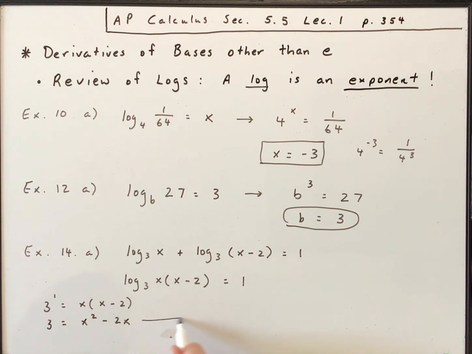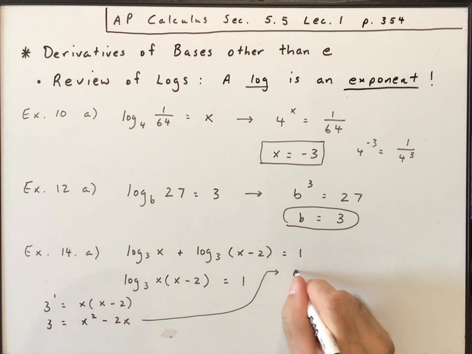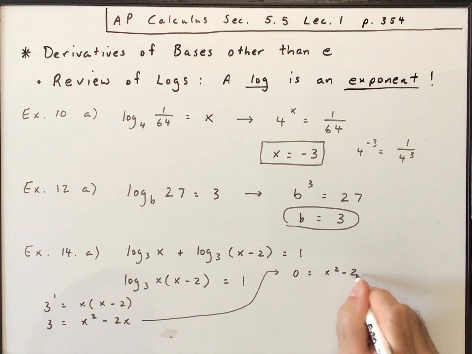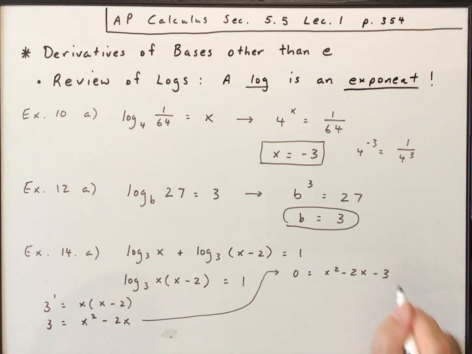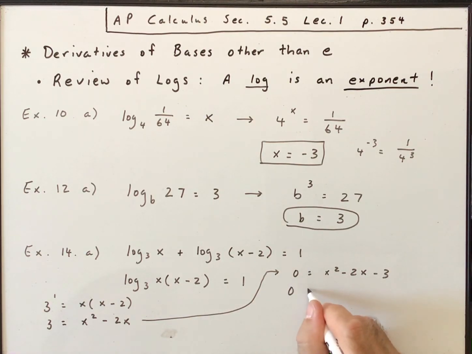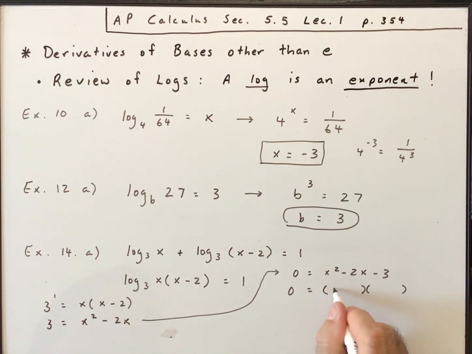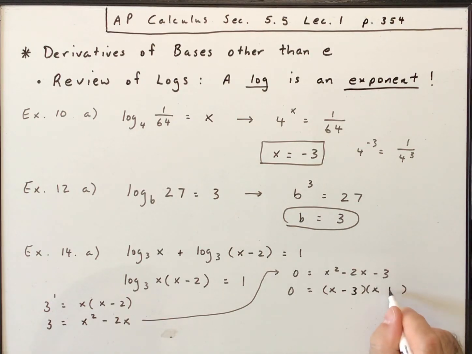Okay, let's bring that over here, give ourselves a little more room. I'm going to set this equal to 0, so I'm going to pull that 3 over to the other side. I would have 0 is equal to x squared minus 2x minus 3. We can answer this by factoring. So I'd have x, and then how about minus 3 plus 1?